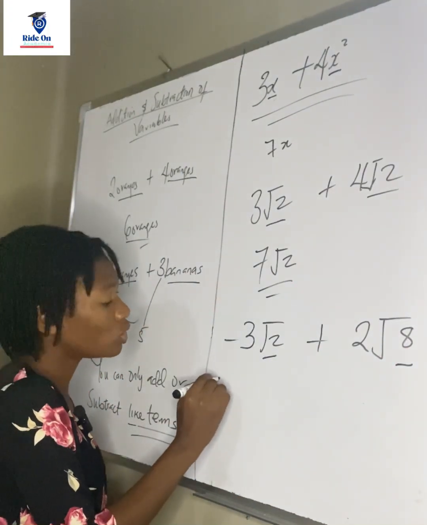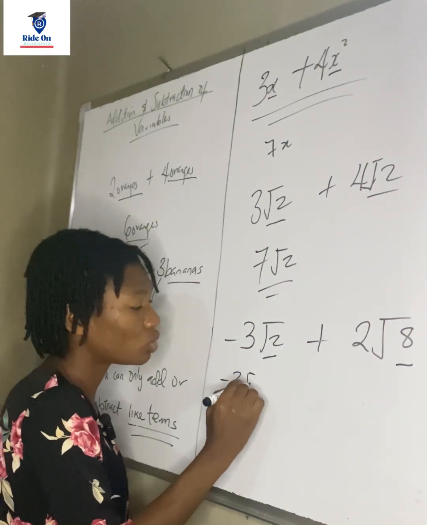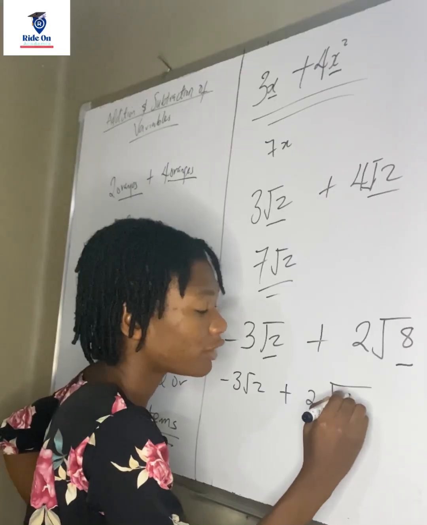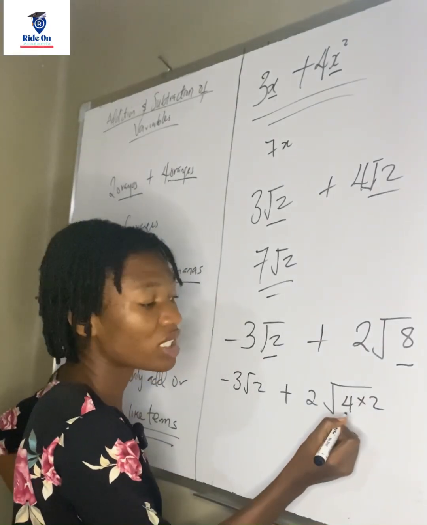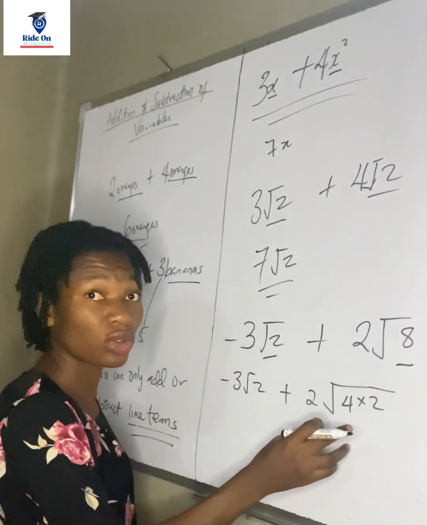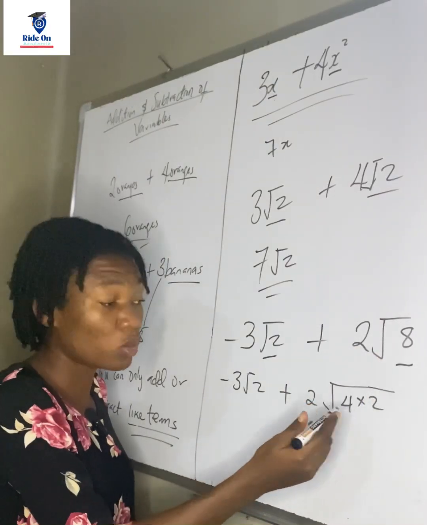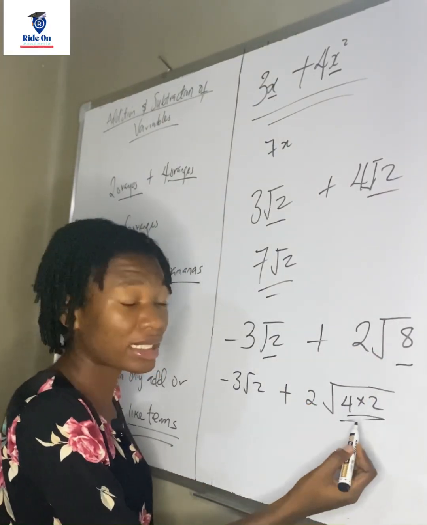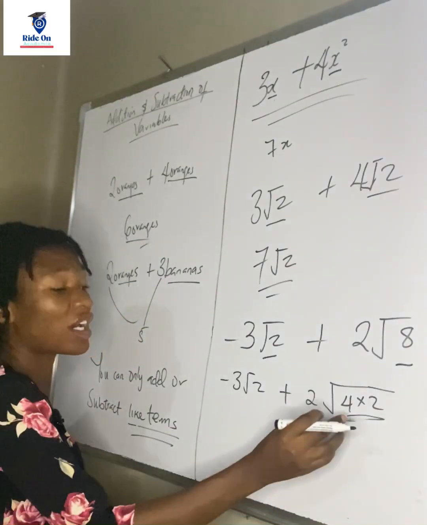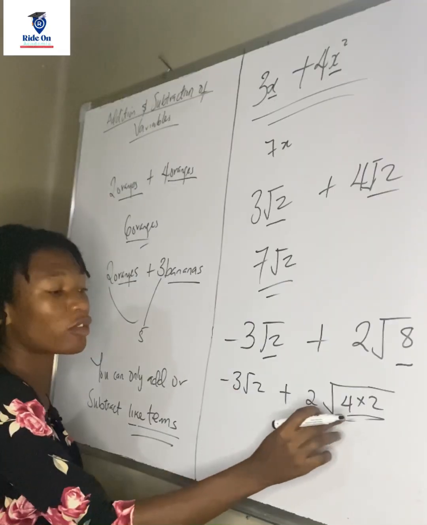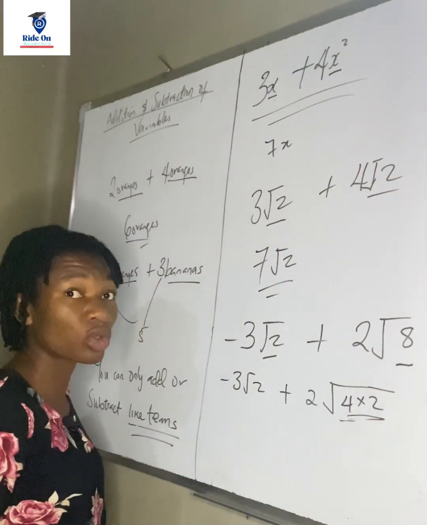So this is minus 3 root 2, and then we can break down 8, because 8 is the same thing as 4 times 2, and 4 is a perfect square. We can do this because we are using multiplication, so we can extend our surd using multiplication. So we have 4 times 2, not plus, please. It has to be multiplication.